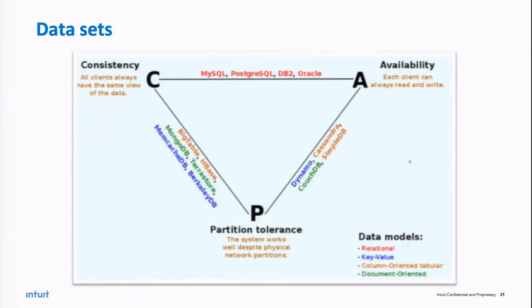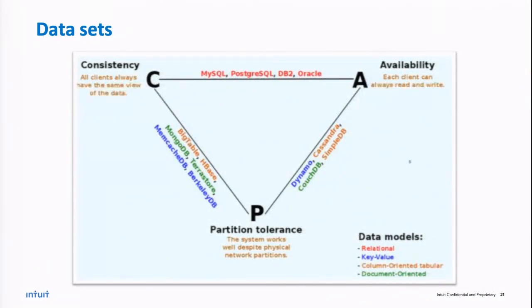So based on these requirements, we need to really decide whether we want to go for a relational database or a NoSQL database, or we want to shard the data based on the users, or we want to have more replicas, the same database but different replicas, depending on these kinds of requirements, right? So think about a transaction. Let's say a credit card transaction is happening. So I'm swiping my card.